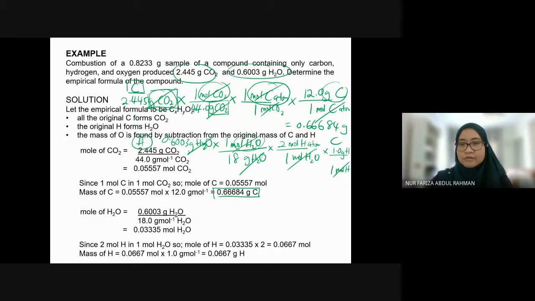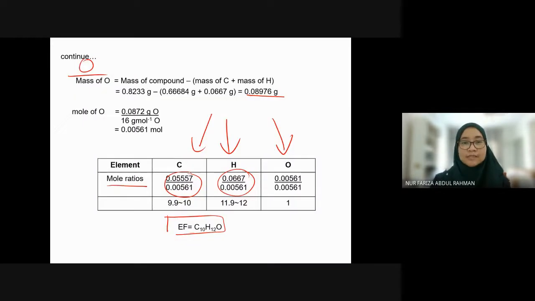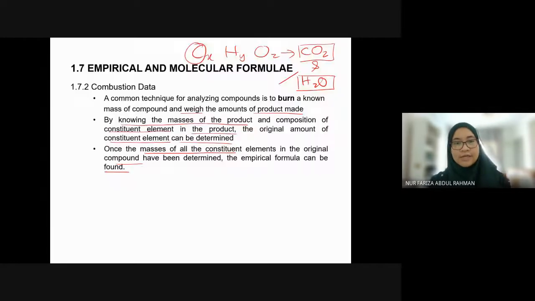So cancel out, you will end up with gram of hydrogen atom, which is 0.0667 gram. There you go for your hydrogen. And then next will be oxygen, samalah macam ni. And then proceed to your empirical formula determination. Okay, alright.